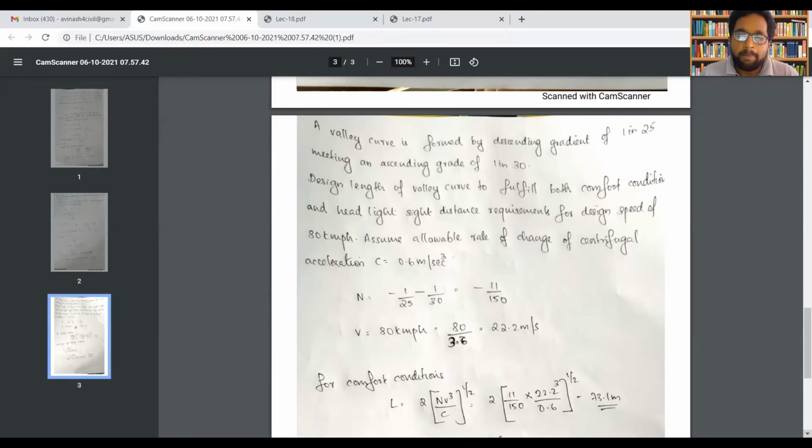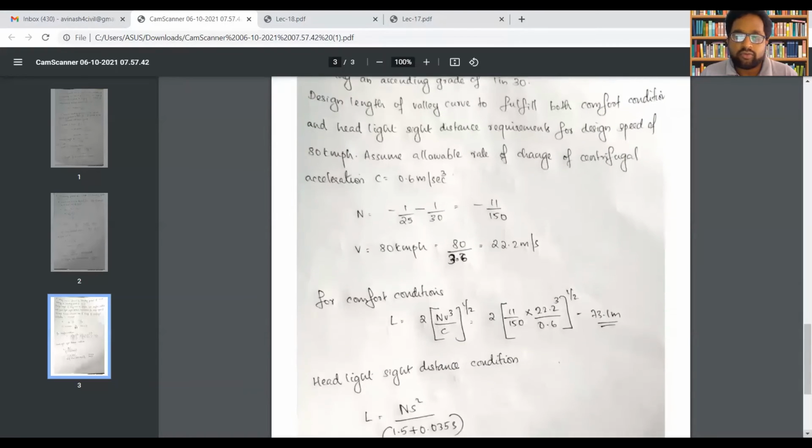Converting it into meter per second, divide the value given in km/h by 3.6. So 80 km/h divided by 3.6 will give you 22.2 meter per second. That is the design speed.